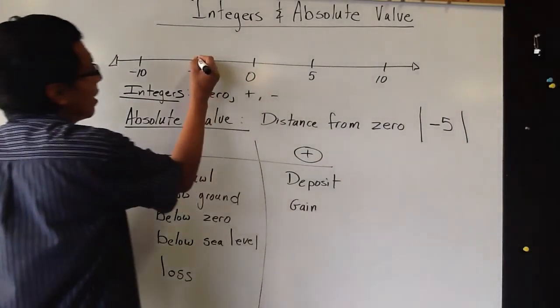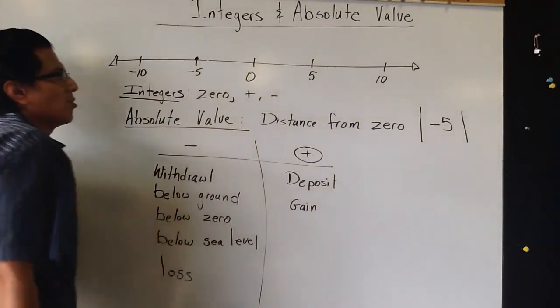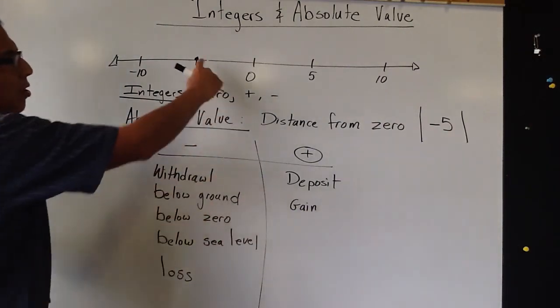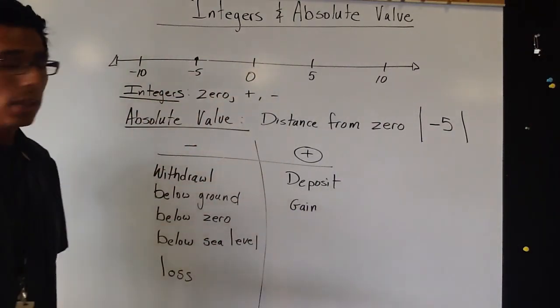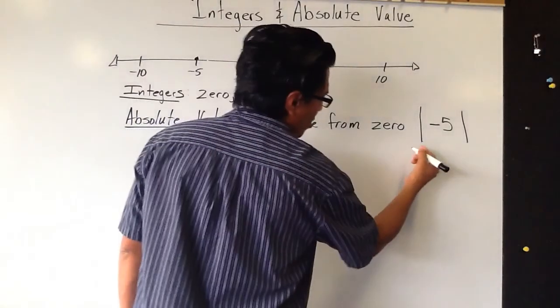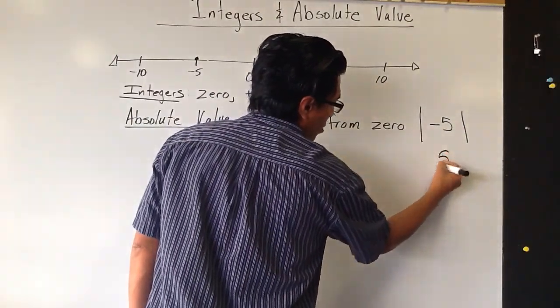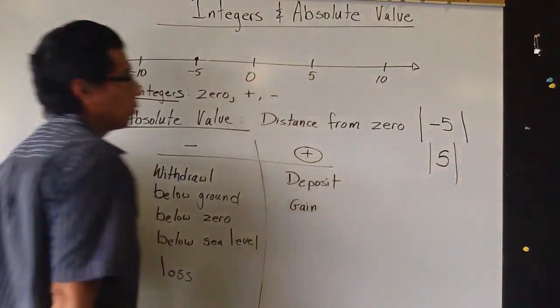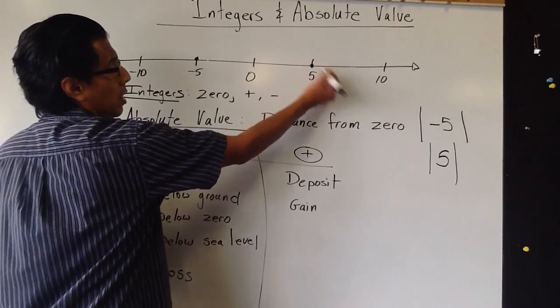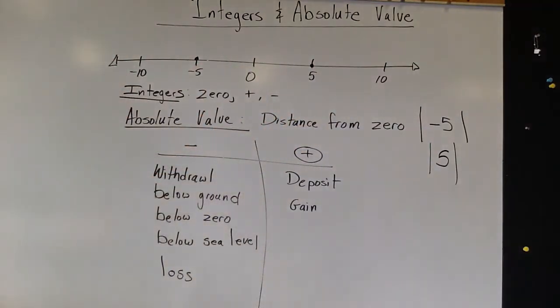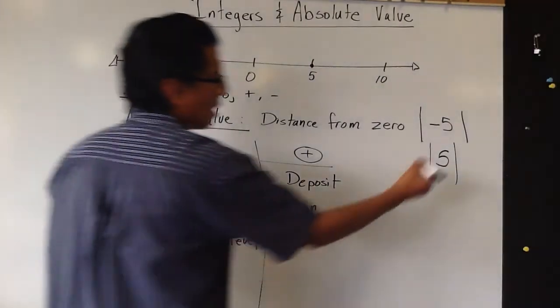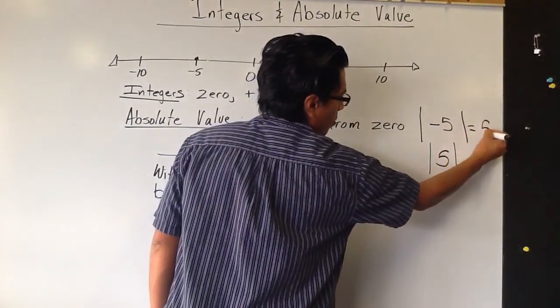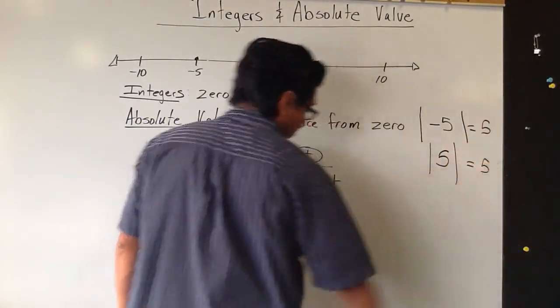Well, -5 is here. How far is it physically from 0? 5. Well, what's the absolute value of 5? Let's go to 5. How far is it from 0? 5. And that's why both of these have the same answer. Both of those equal 5.